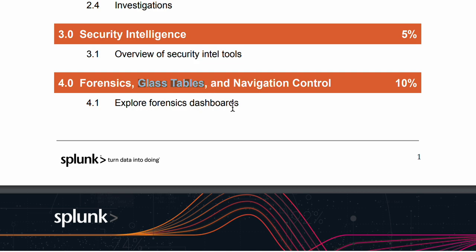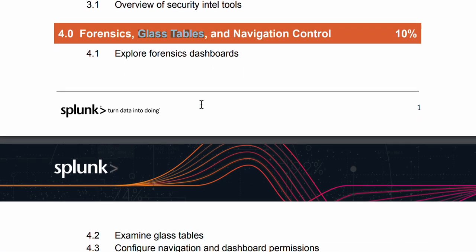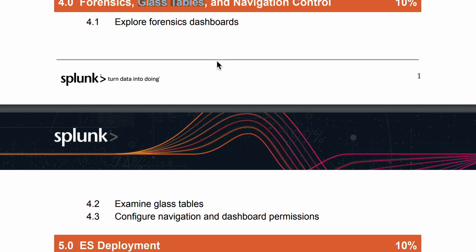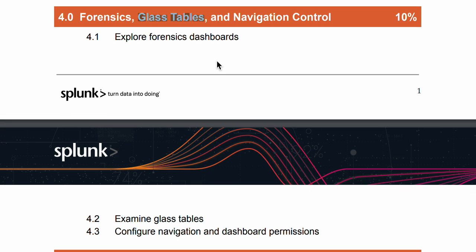There are multiple dashboards. Basically ES is rich in dashboards. It has very exclusive and very good dashboards. They will ask you about dashboarding, so you need to know each and every dashboard in ES.